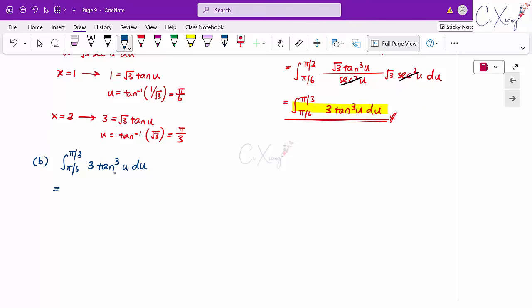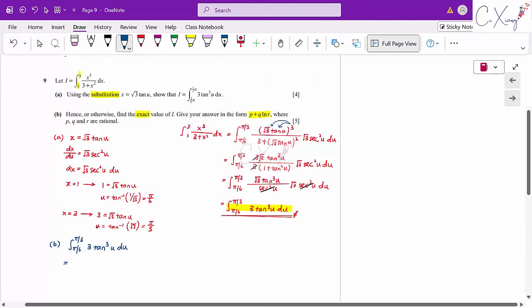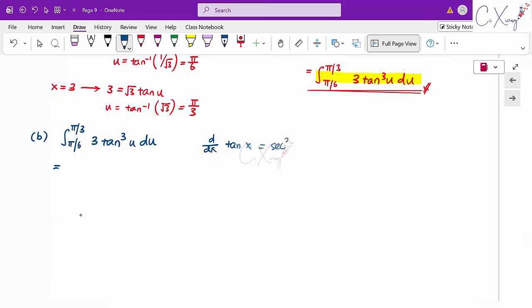So you need to rephrase your expression so that it has something related to the differentiation of it. So as an example, I know that if I differentiate tangent, I will be having secant square, right? So I'm trying to think, is there any way that I can include the secant square in my integration or not? So that's one direction.